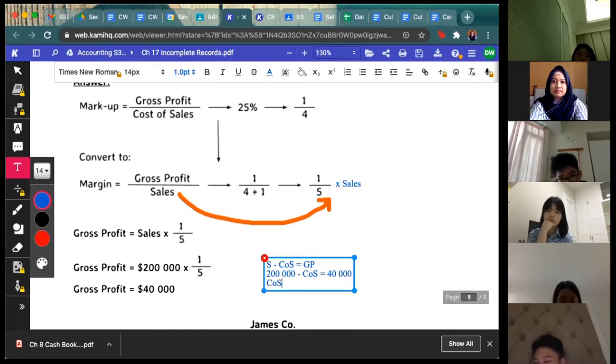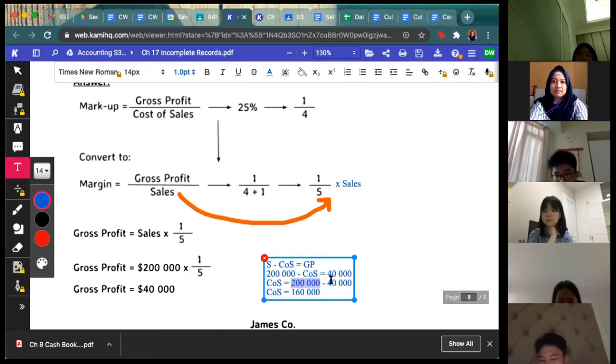So cost of sales is 200,000 minus 40,000, which is 160,000. Now you have the total of cost of sales, sales and gross profit.